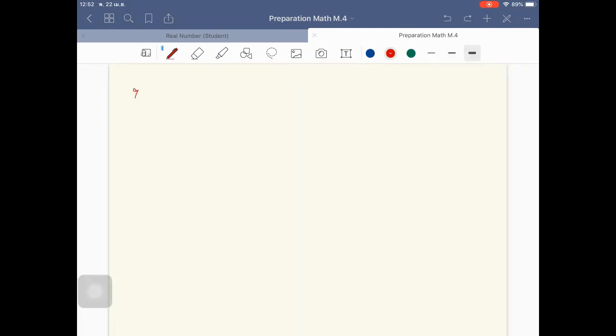Question 7: x plus 7 minus x. You start with commutative, you get 7 plus x minus x. Just switch the numbers between x and 7.